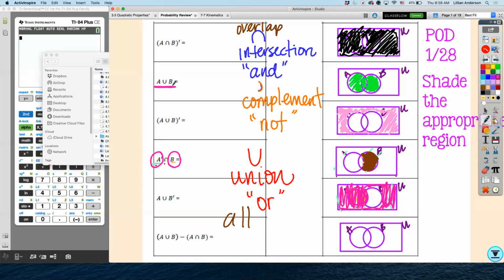Just A and just B. Because the union is all of A and B. The intersection is what's in between, but I'm going to take out that intersection because it says subtract. So then it's just A and just B. Questions?